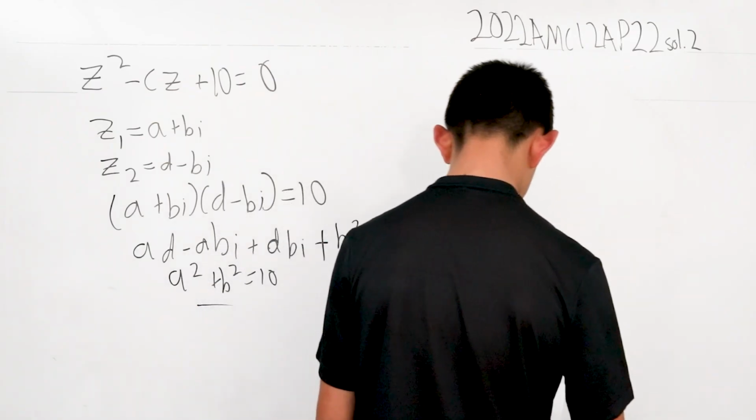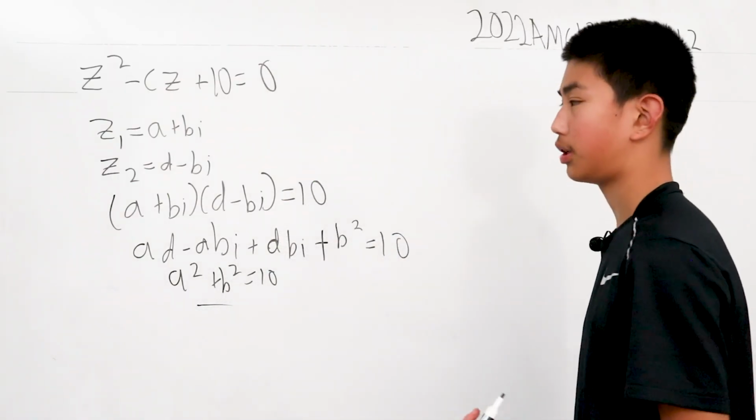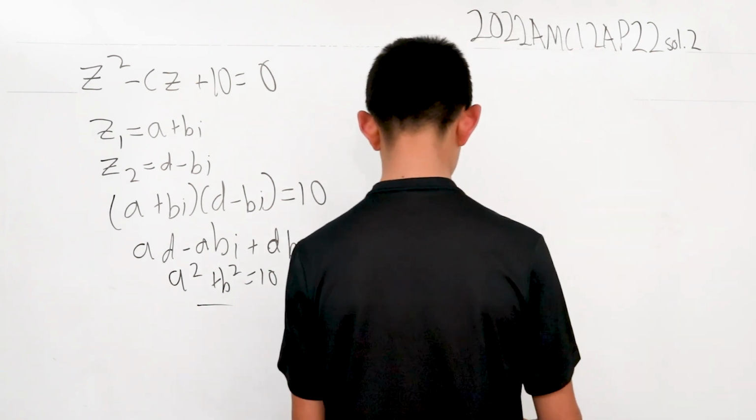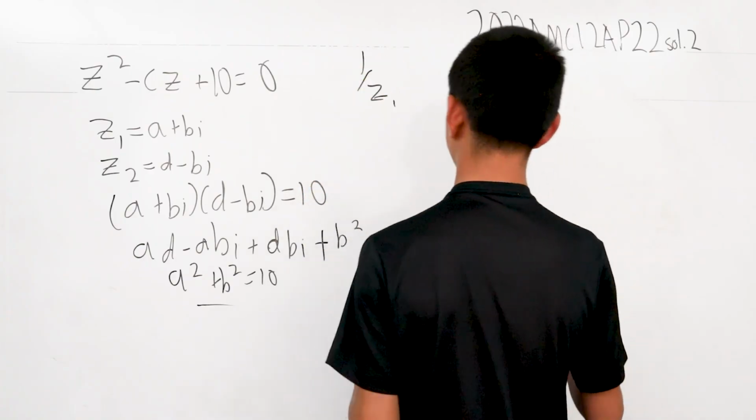That's nice. Now, you know that a squared plus b squared is 10. I keep on saying that for some reason. But now, what we can do here is say 1 over z1 specifically.